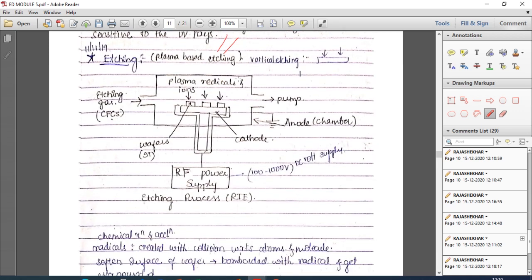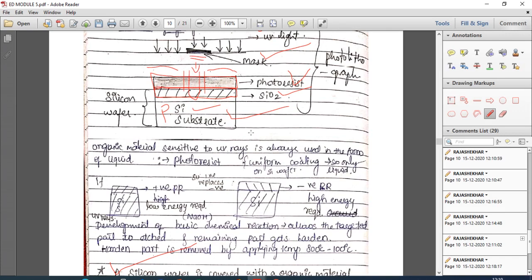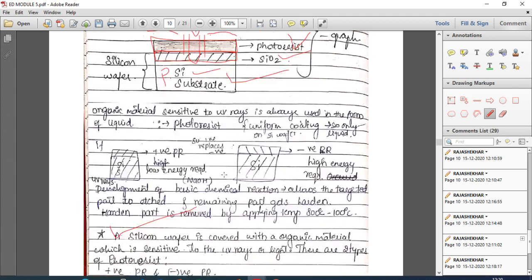So this is nothing but etching. The main reason for etching is to remove the material which is not exposed to the light. For example, this part. In photolithography, this part will be etched away. Etched means removed from that part, which is not exposed to the light. Etching is a process which removes that unwanted part which is not required for the fabrication.